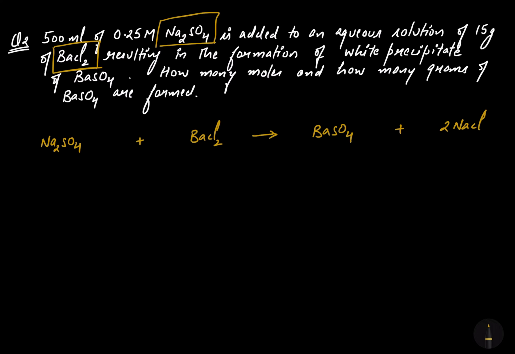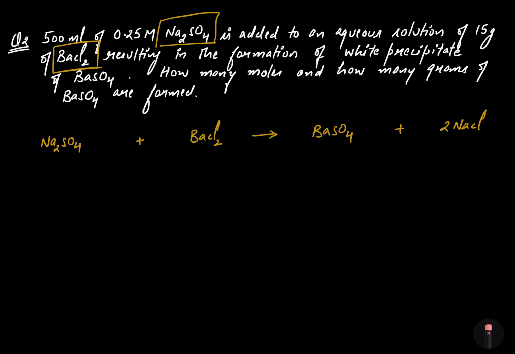So my dear students, first of all we have to balance our chemical reaction, and it is already balanced. Now I have to calculate the number of moles of Na2SO4 and barium chloride from the data given in the question. So let's calculate it first.